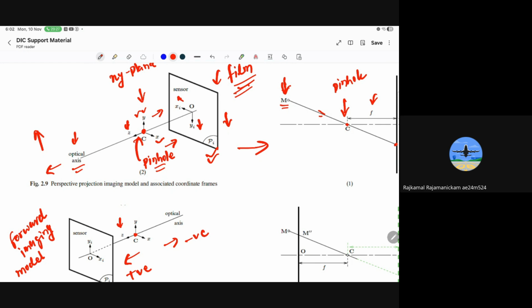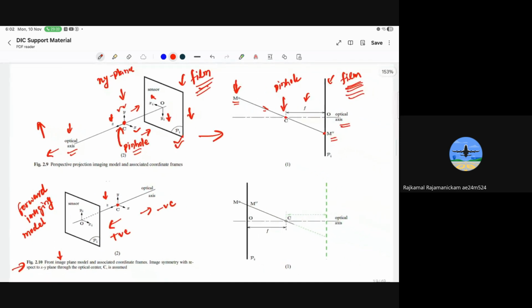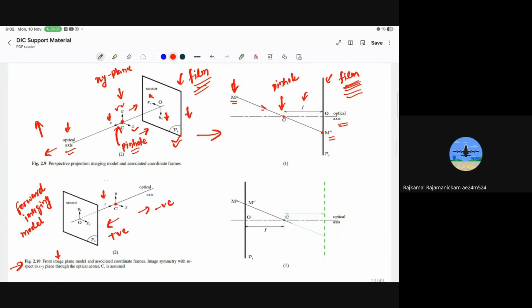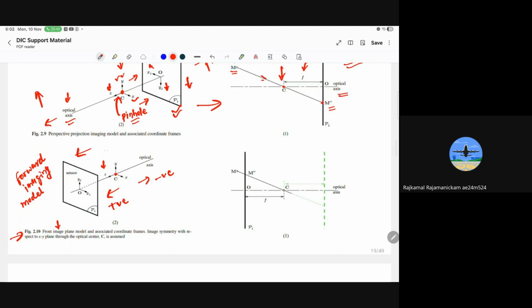This is when you consider the film forming in the backside, the physical real case. But for mathematical processing, you can transform this film in front, to the positive side of the optical axis, and the distance is going to be the same.